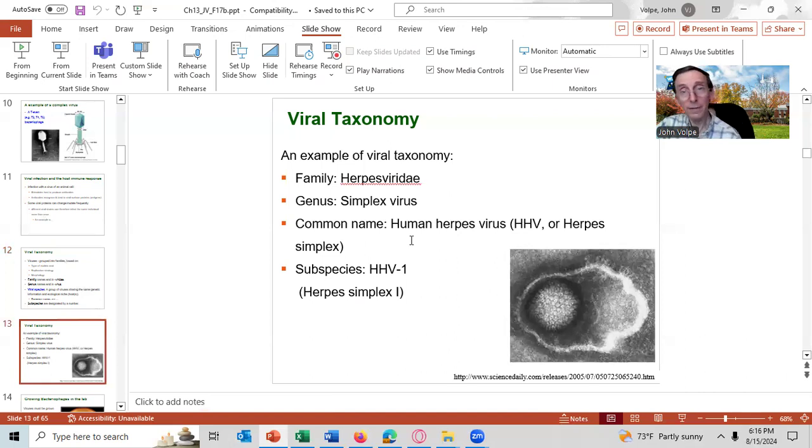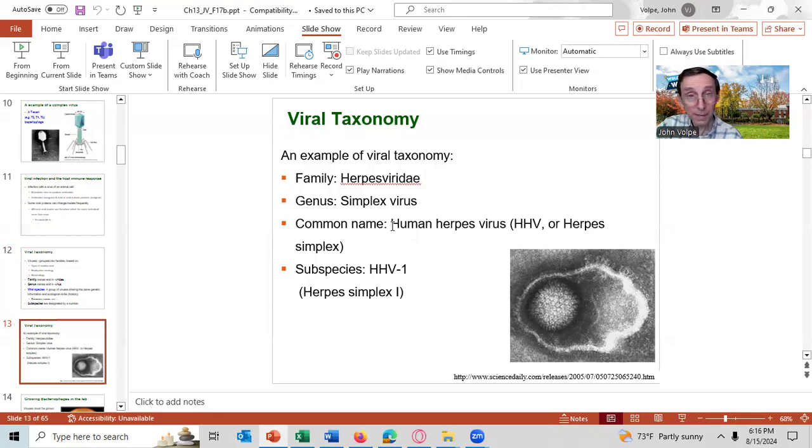All right, I've already given a little bit of an example of the viral taxonomy. The family name for the herpes family is Herpesviridae. The genus would be simplex virus, and that would be herpes simplex virus for the genus. The common name, we do have a common name, human herpes virus.